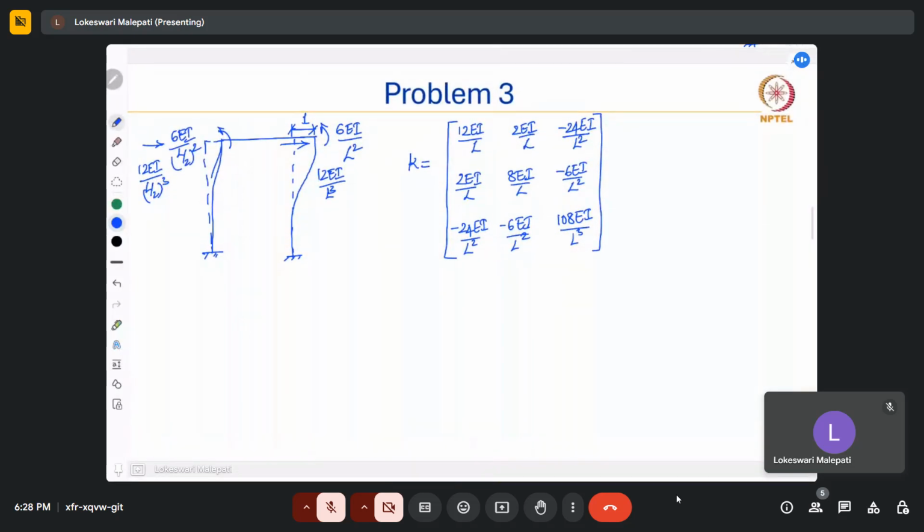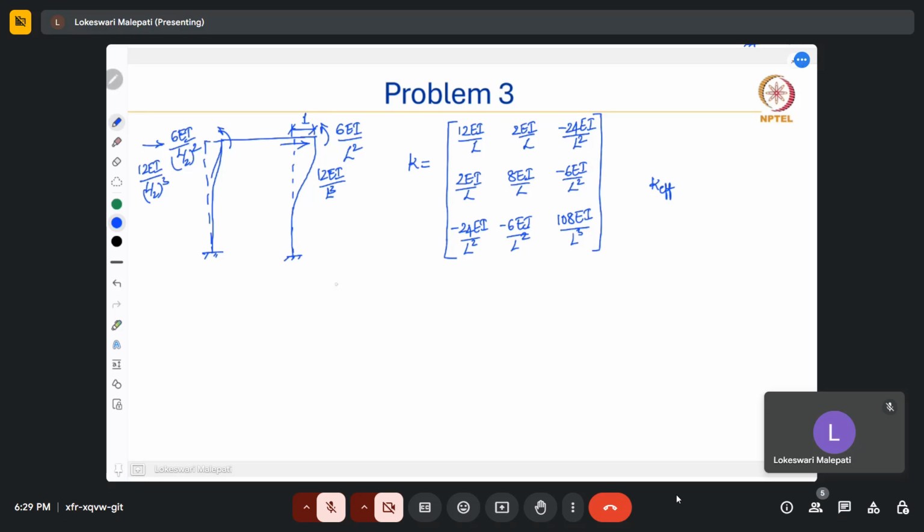In this, what we have to do is find out the relation between theta 1, theta 2 and delta, and then we should find out K effective using that formula. In the first session, we have seen this relation already.